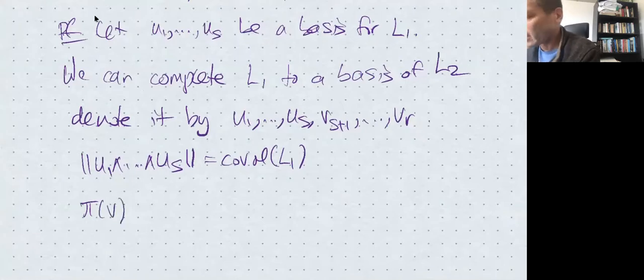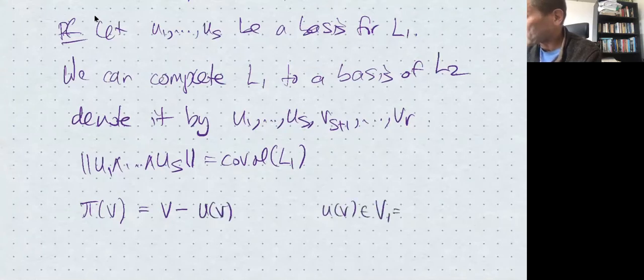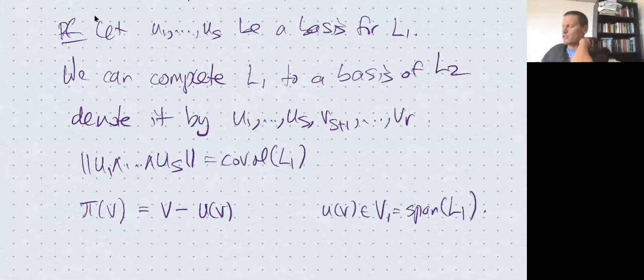If we write down this projection, for every V, pi of V is just V where you subtract off a vector u of V, where u of V is in V1. V1 is the span of L1. That just follows from the definition of the orthogonal projection.